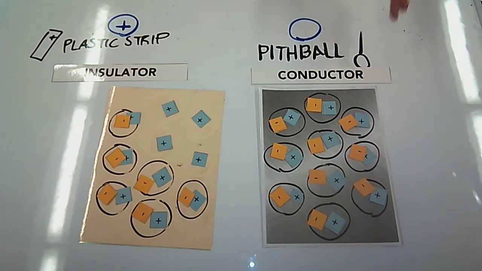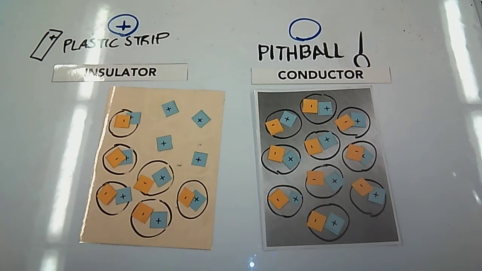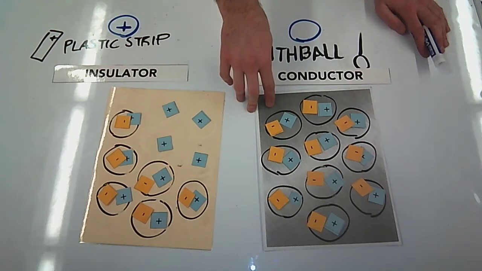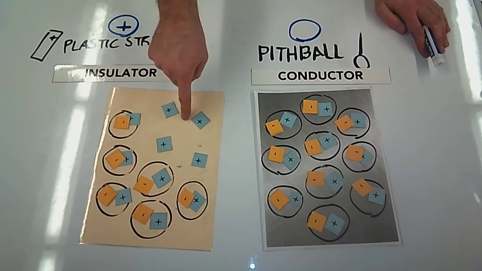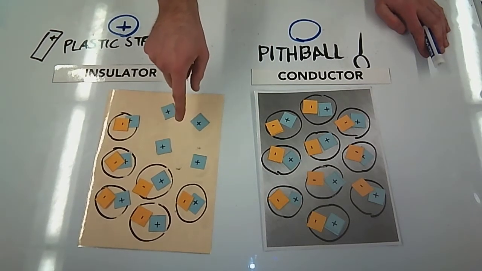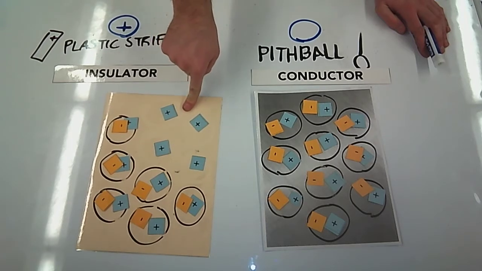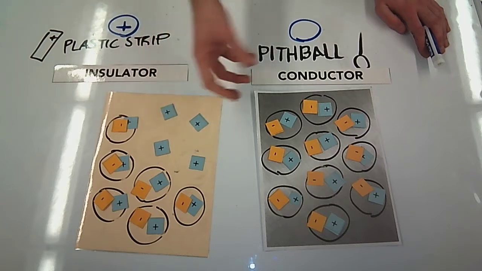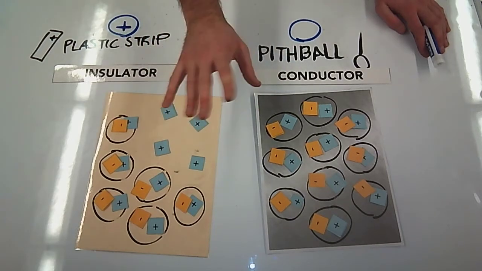So we want to ask the question, what do electrons want to do? The electrons in my pithball are attracted to the exposed protons in my plastic strip. Even though they're not touching, they're still attracted. The electric force can be exerted over space; you don't have to be touching.